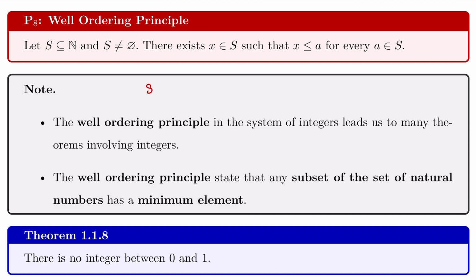If we have a subset S of the set of natural numbers that is not an empty set, then you will find an element x in set S such that x is less than or equal to a for every a in set S.